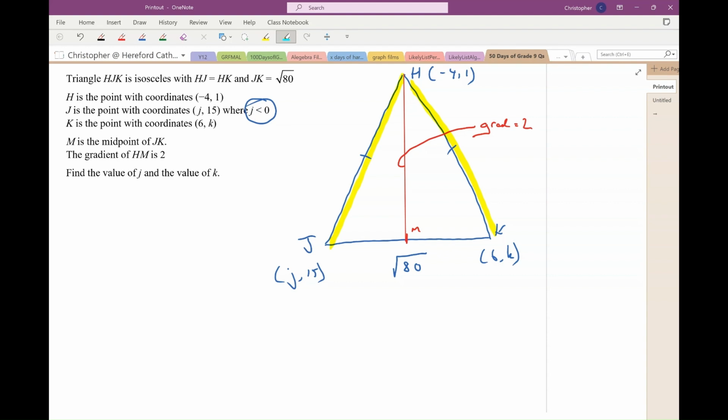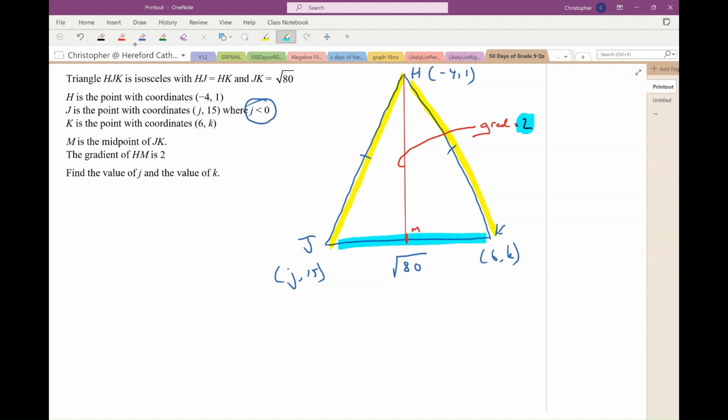And then I've also got the fact that this distance is the square root of 80, so I could use that to write an equation. And I've also got the fact that the gradient of this line from J to K is the negative reciprocal of that. So the gradient of that line must be minus 1/2. So I've got 3 pieces of information. In fact, I probably only need 2 pieces of information to write 2 equations to find j and k.